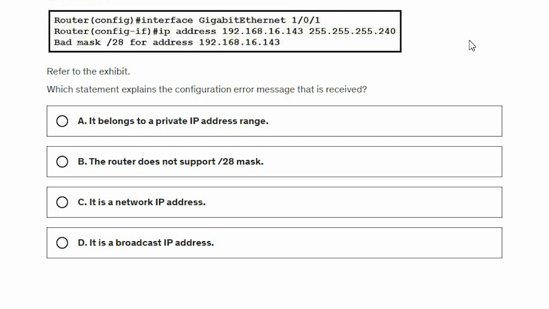It is a network IP address. Answer number 4. It is a broadcast IP address. Pause the video, then answer this question. The correct answer is D. It is a broadcast IP address.